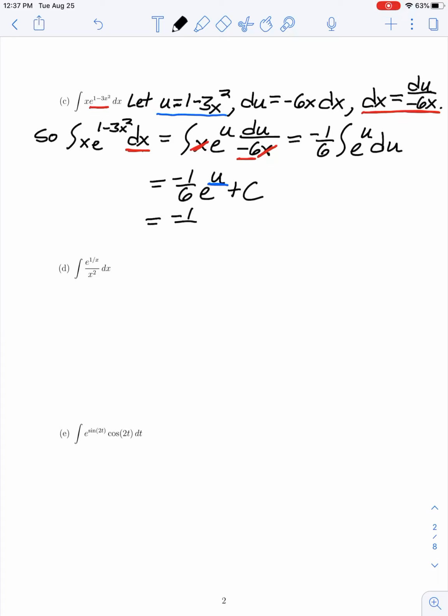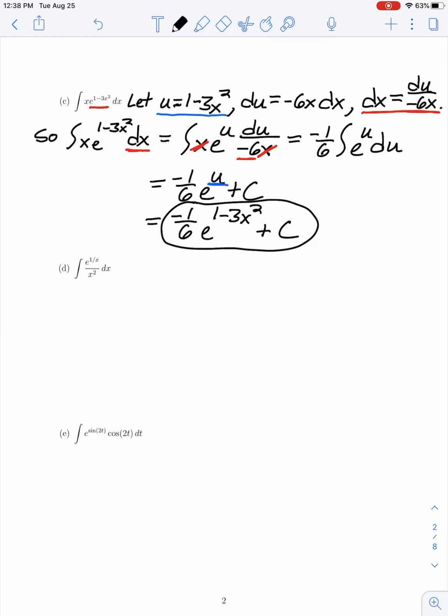And we have a negative 1/6 e to the 1 minus 3x squared plus c. And again, for all of these problems, we can always take the derivative of our solution and make sure that we get back the original function that we were integrating.